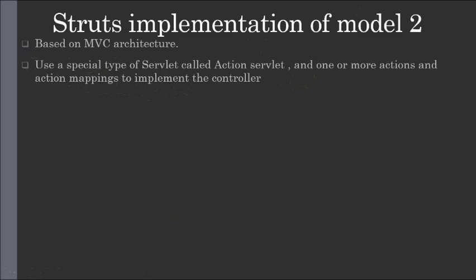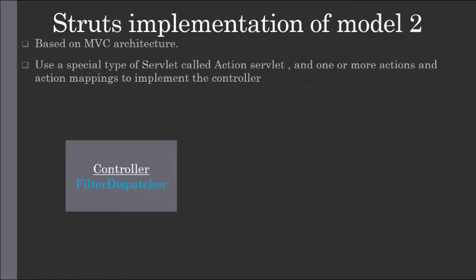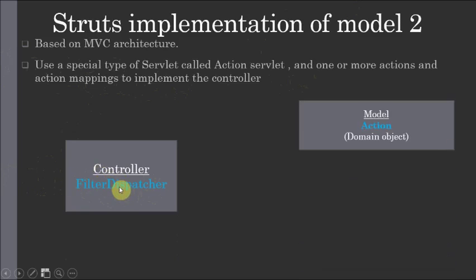Look at this. In Struts 2, the filter dispatcher behaves as a controller. The client makes a request to the controller, and the action servlet or action works as the model. The controller gets the request and transfers it to the model.